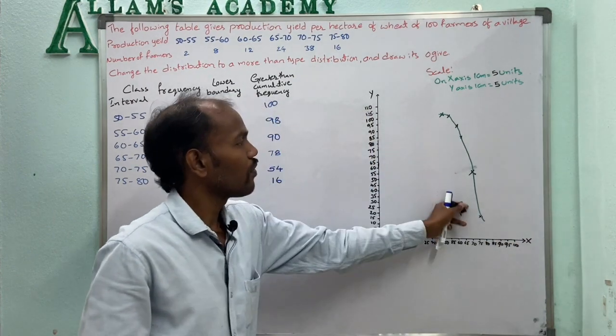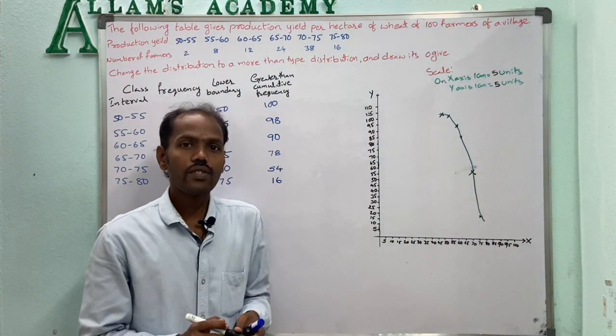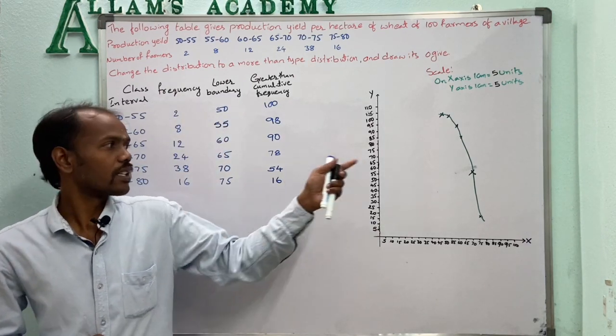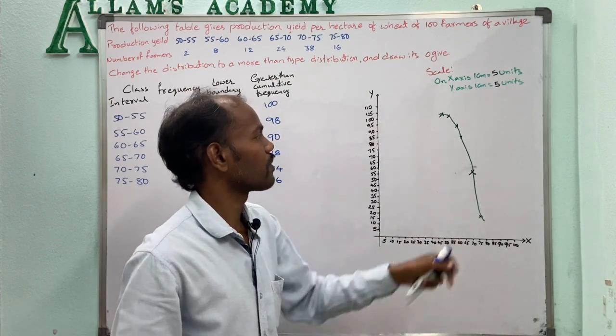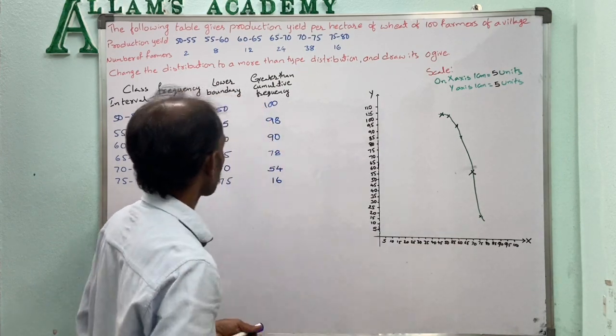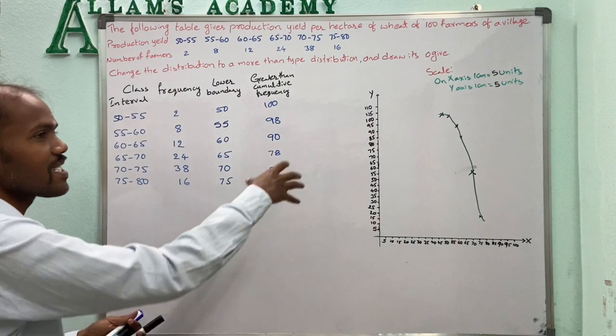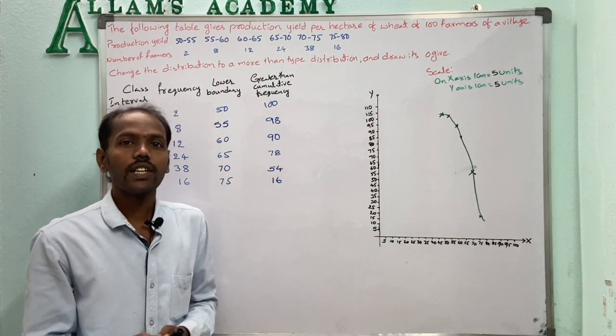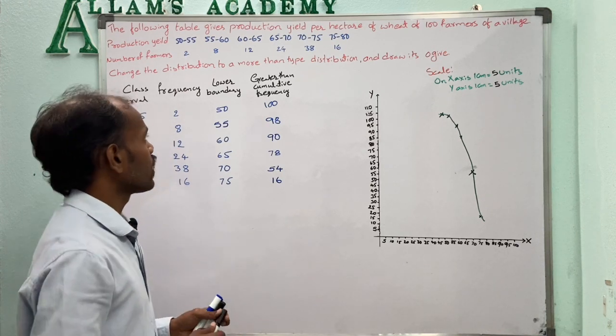Now it is a falling curve. For the greater than cumulative frequency curve, we already told it is a falling curve, so here we get a falling curve.